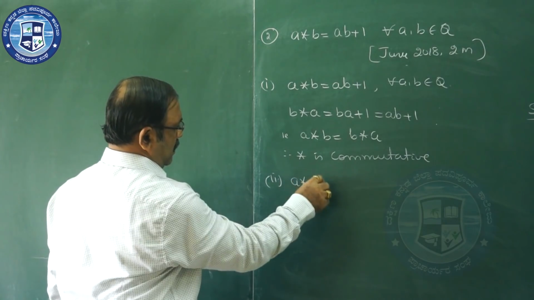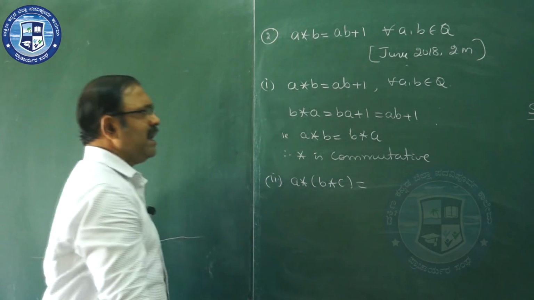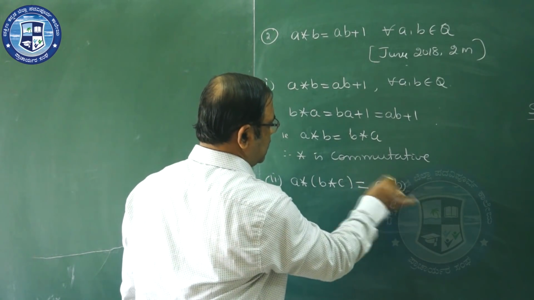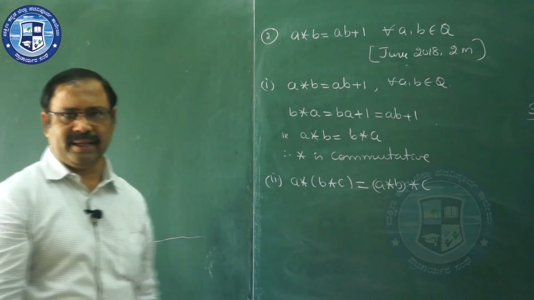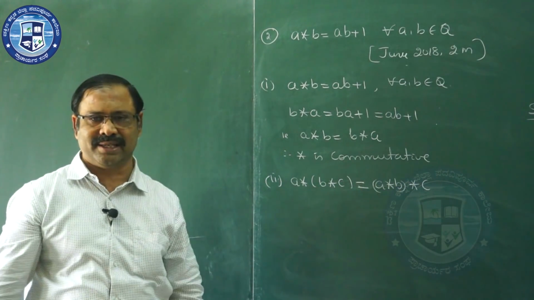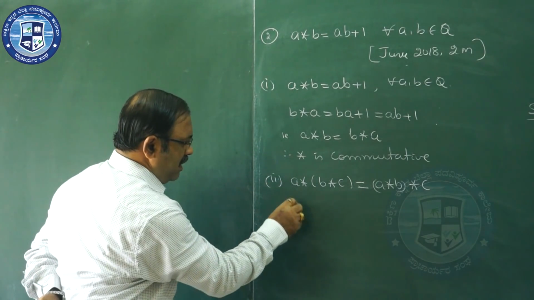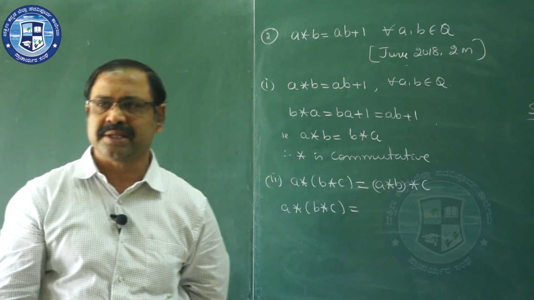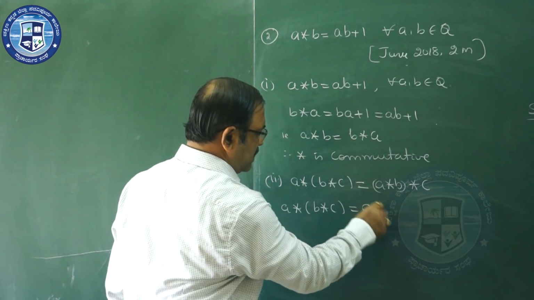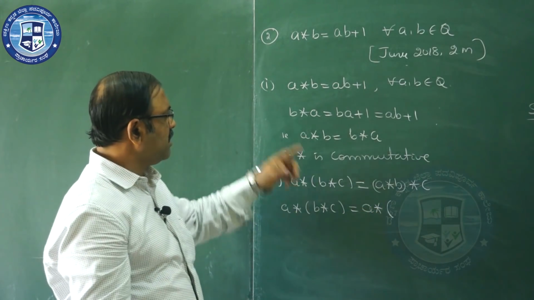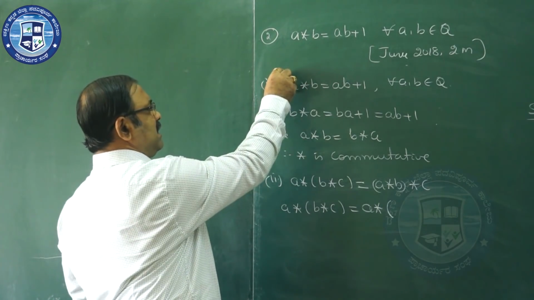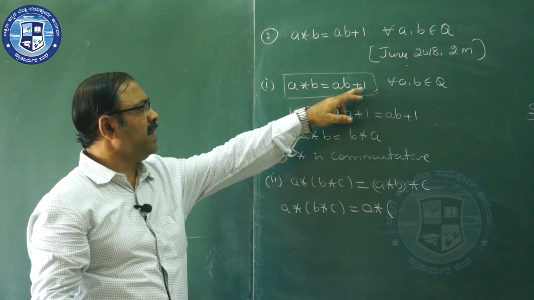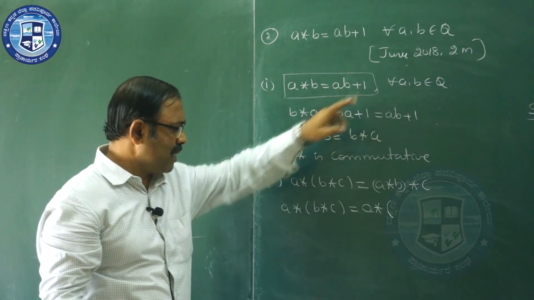Next, let us verify whether this is associative. Associative means (A star B) star C is equal to A star (B star C). Let us verify these one by one. So, A star (B star C). Go to the definition.